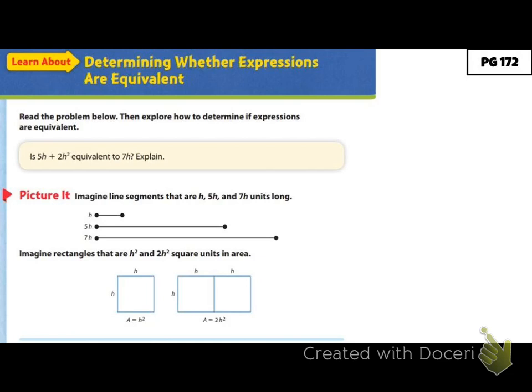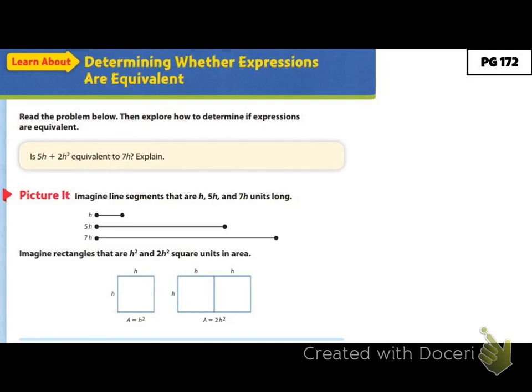So now we're going to be trying to determine whether expressions are equivalent. So it says, is 5h plus 2h squared equivalent to 7h? In our picture it says imagine line segments that are h, some distance, 5h, and 7h units long.